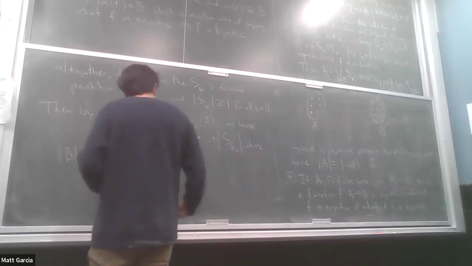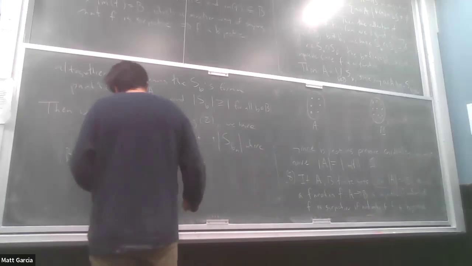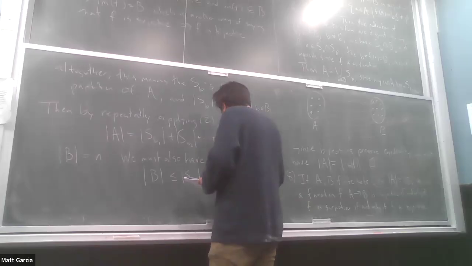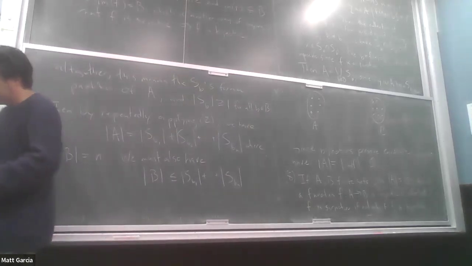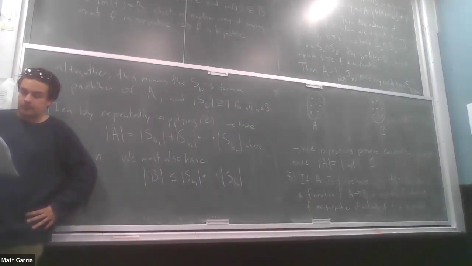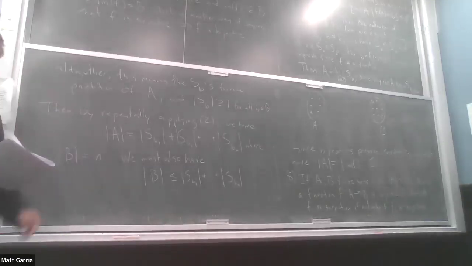We must also have that the cardinality of B is less than or equal to this sum. Why is this? Each of the terms in the sum is at least one.